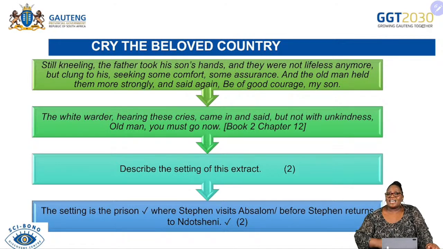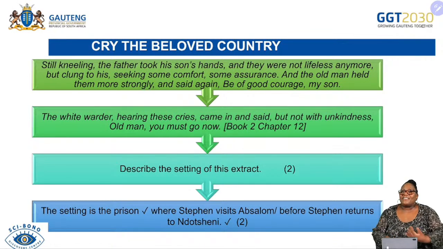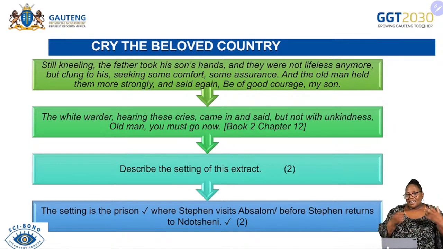So the son and the father were crying. The father was holding his son's hands, and they were not lifeless anymore. There was some life, because having that touch of a father brings life. And he clung to him, seeking comfort and assurance that things will be fine.